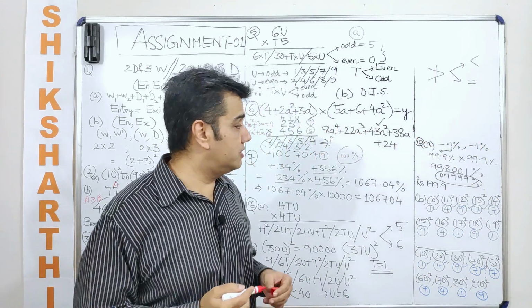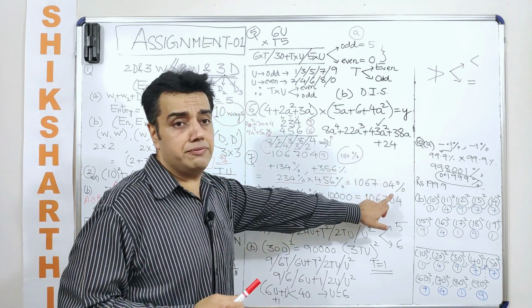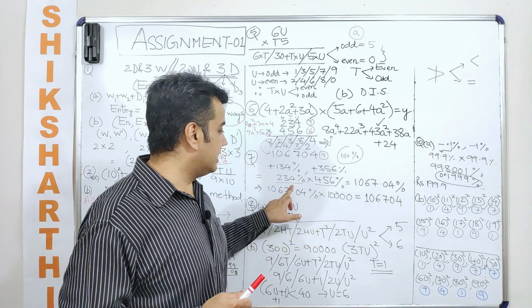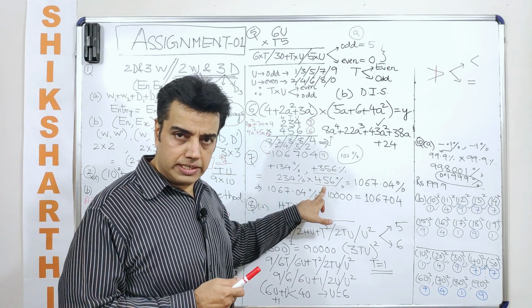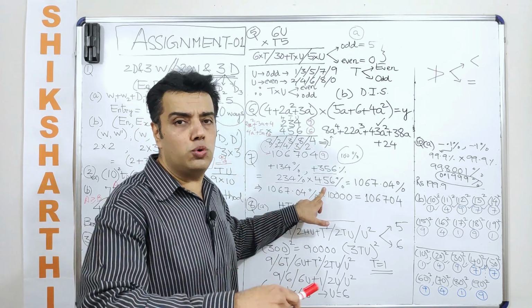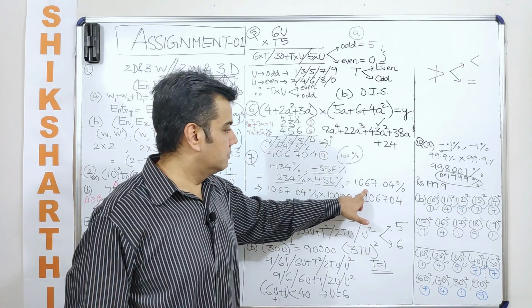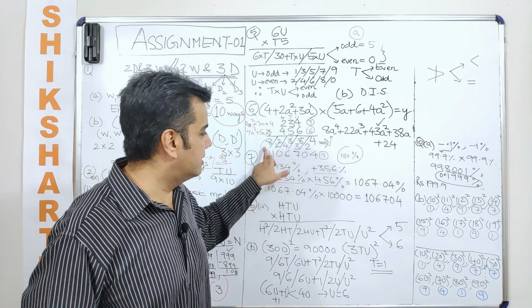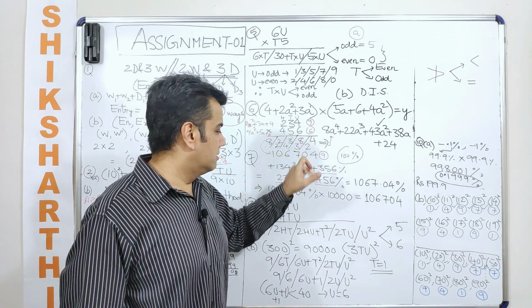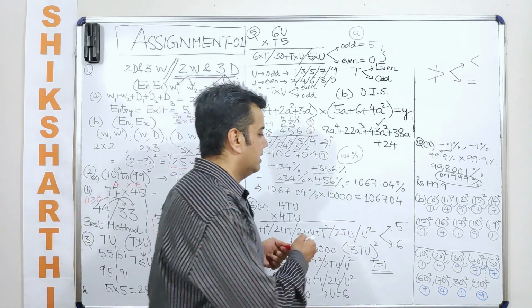So while you're doing this, you need to understand that you are multiplying it by this and finally you are finding out the percentage. So this has to be understood as 234 divided by 100 into 456 divided by 100 into 100%, which gives you this answer, which is how much? 1067. You just had to interpret this. And then you had to multiply it by 10,000, which gives you this as the final answer.